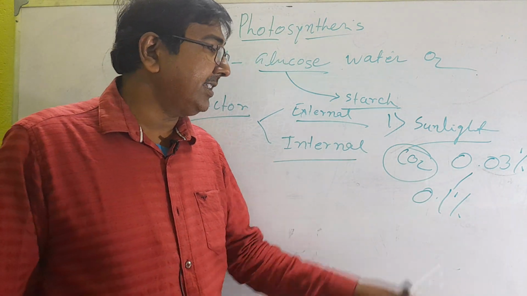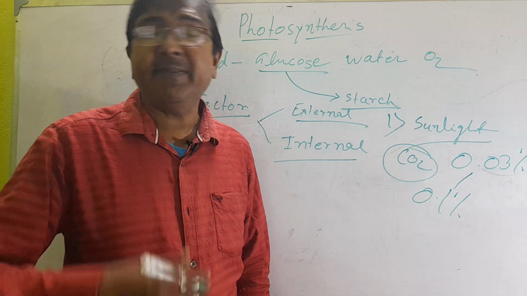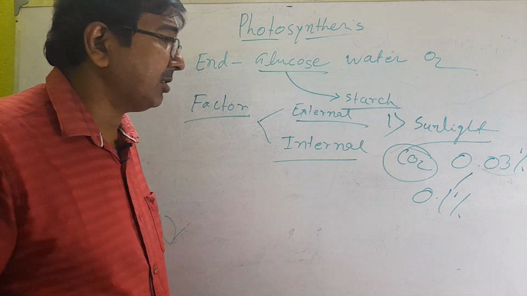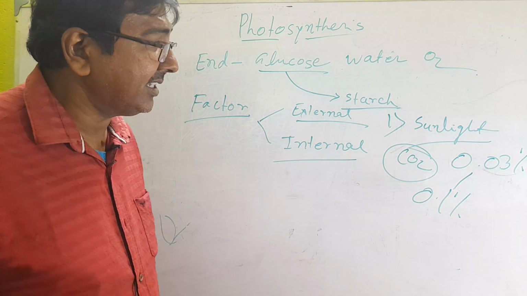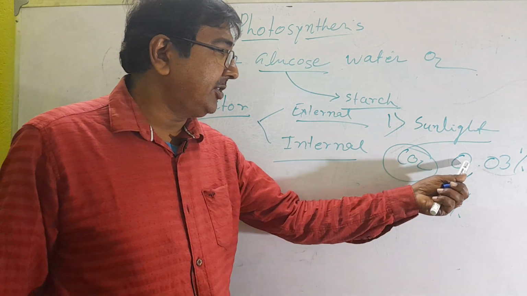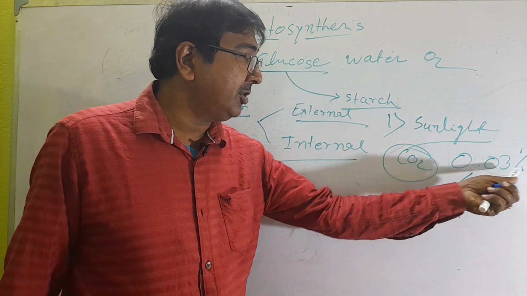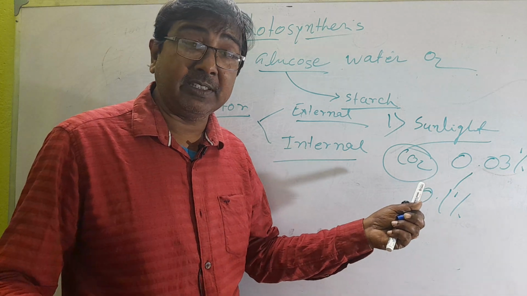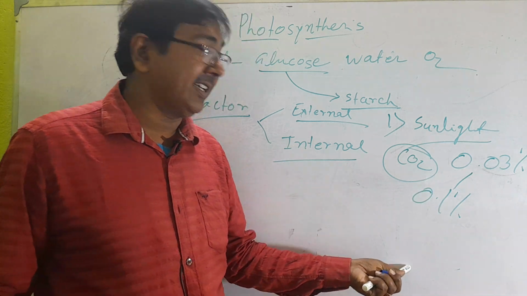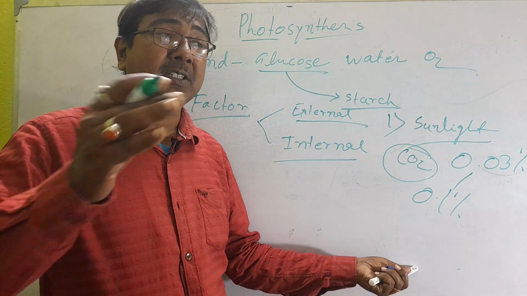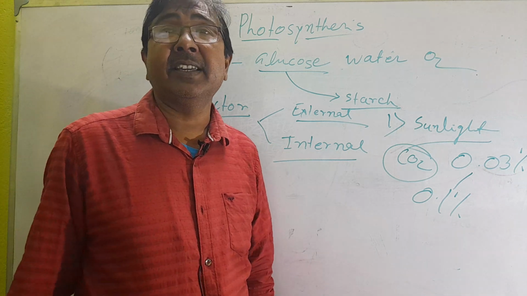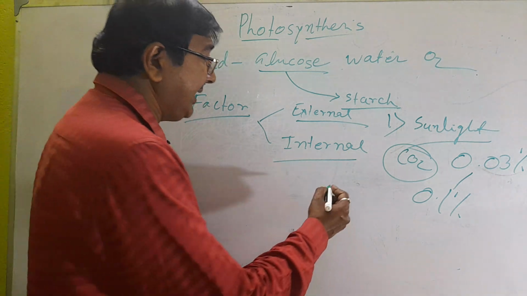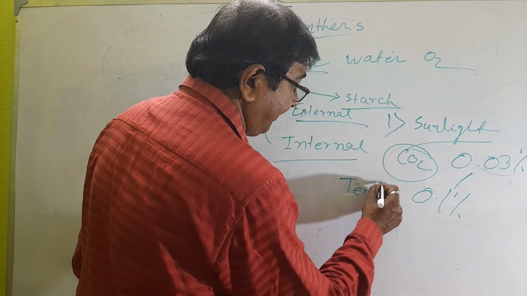But beyond 0.1, if it is increased, the rate of photosynthesis decreases. Understood? If it increases from 0.03 to 0.1, the rate of photosynthesis increases, but after that the rate of photosynthesis decreases. Okay.